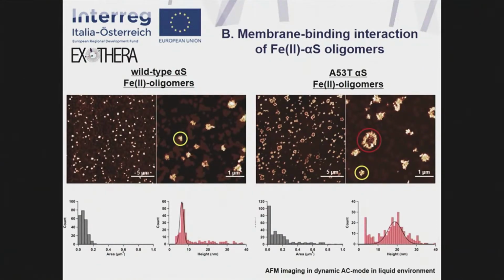After that, we decided to see what happens when we incubate our iron-induced oligomers with our membranes. And in this case, we have a completely different effect of both proteins on the membranes. We observe the presence of clusters of oligomers that seem to interact preferentially with the raft domains, but not with all domains of the membranes.